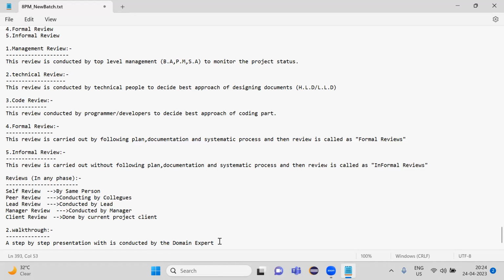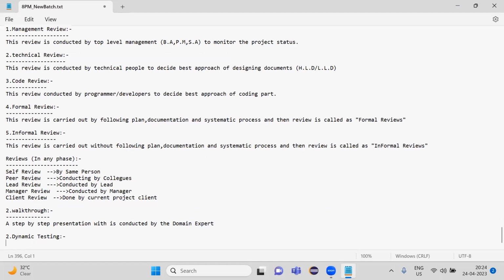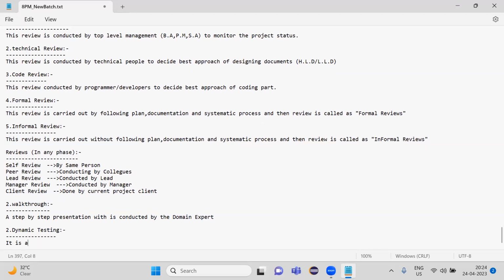Clear. Now, what is the second phase? Dynamic testing. Under dynamic testing, how many types is it divided into? Can anyone say what is meant by dynamic testing? It is a process of validating the developed project, whether the developed project is right or not.